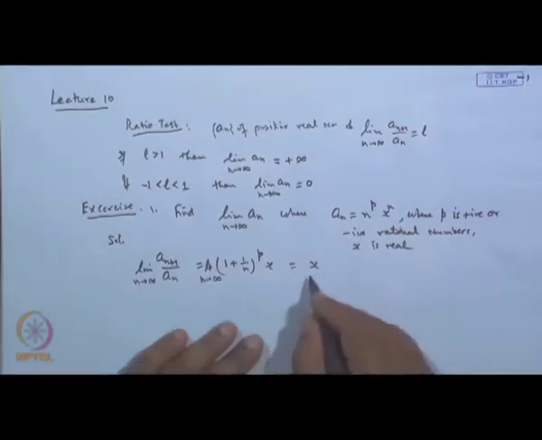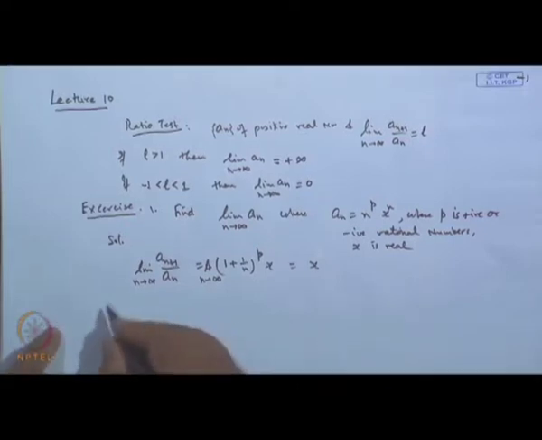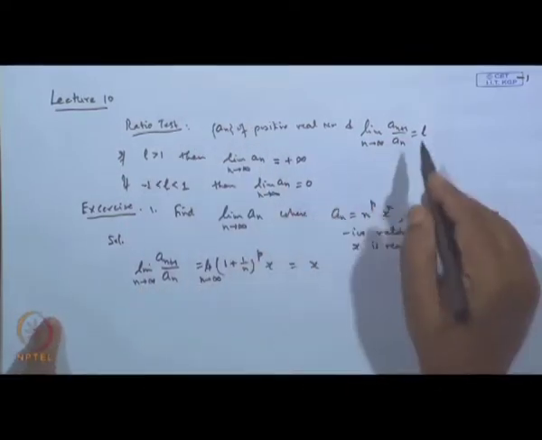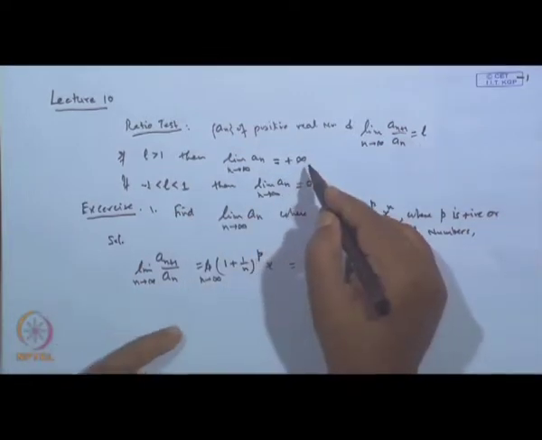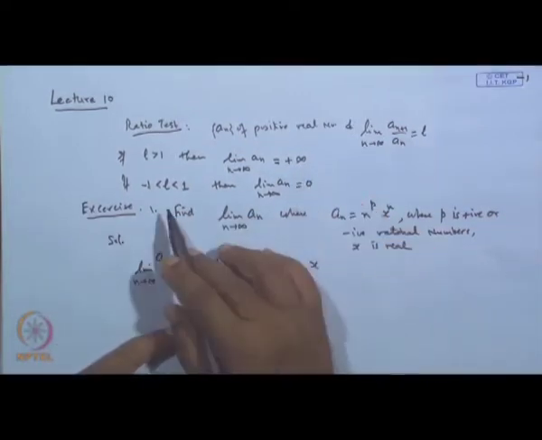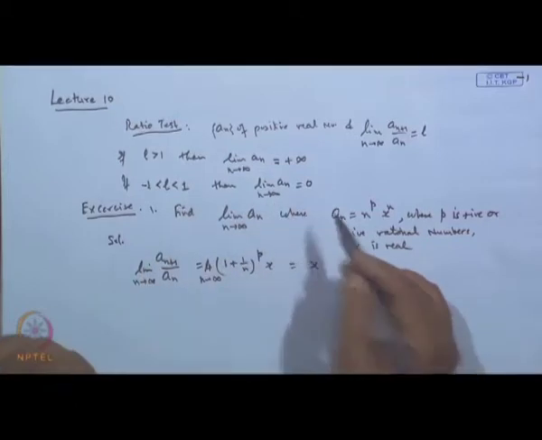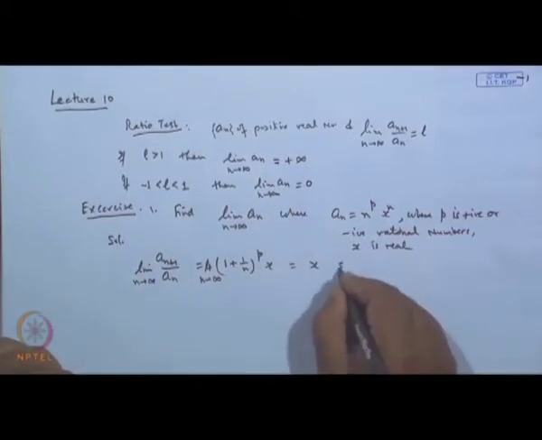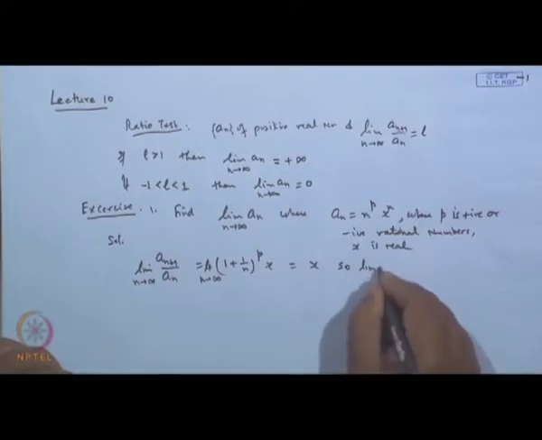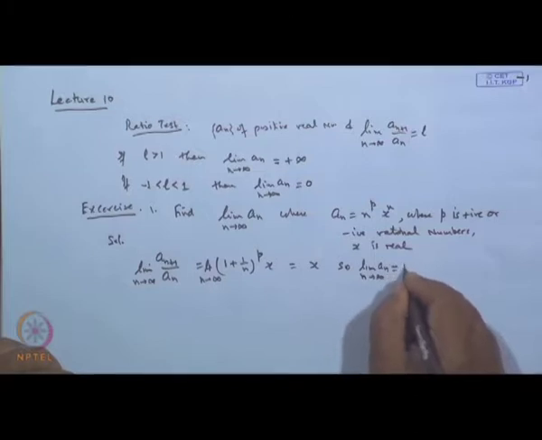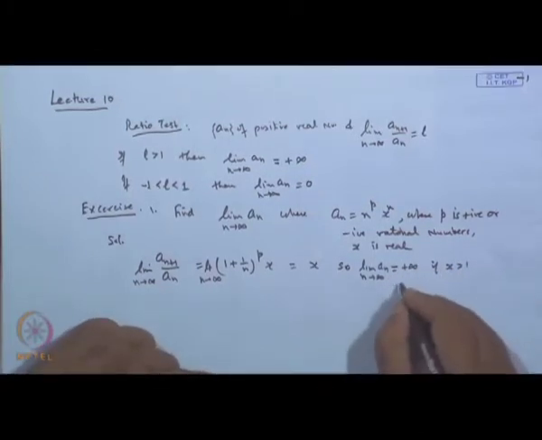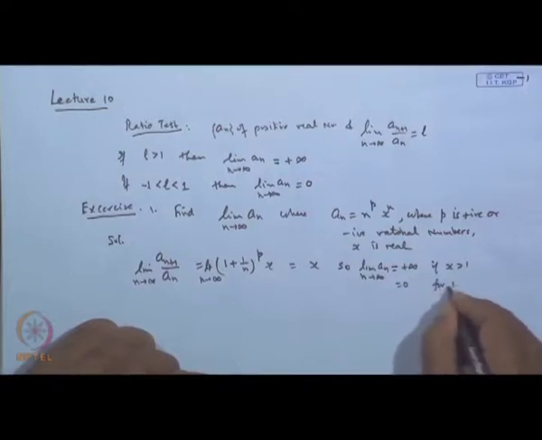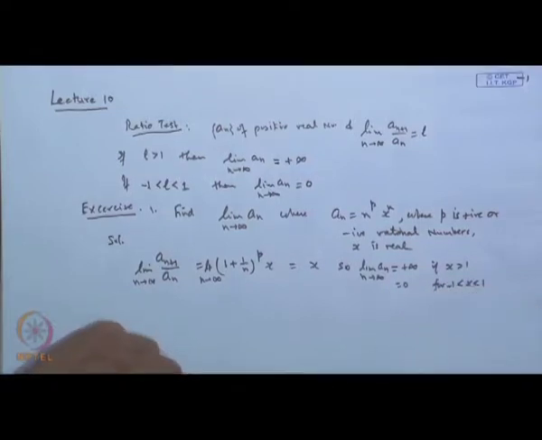So, when x is greater than 1, according to the ratio test, the limit of a n will be plus infinity. When L lies between -1 and +1, the limit will be 0. So, the limit of a n is infinity if x is greater than 1, and 0 for x lying between -1 and +1.